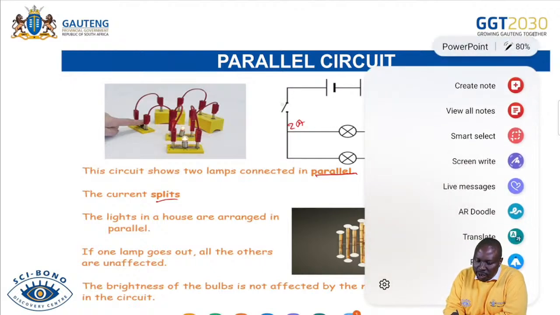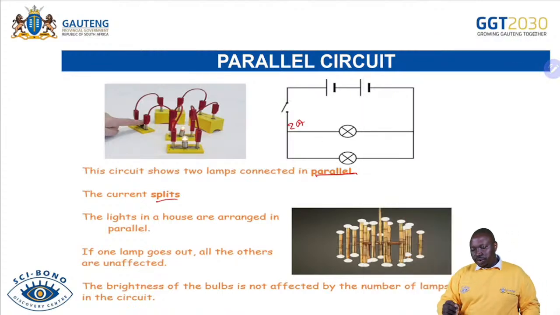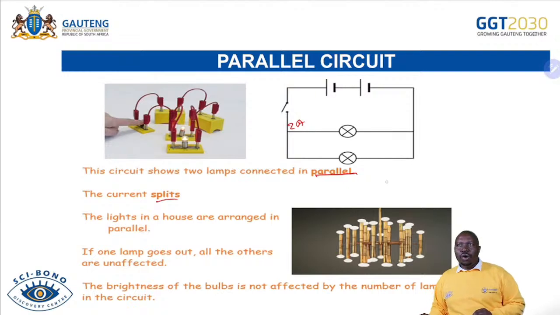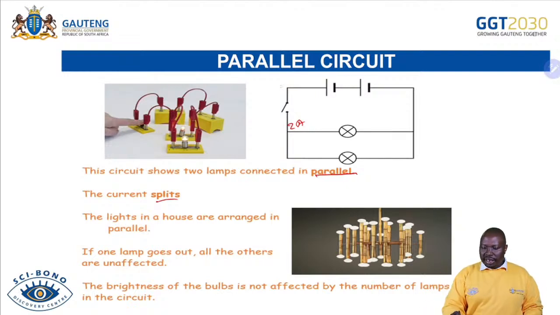So it's very important to always look at the switch. When the switch is open, you know that there are no charges flowing. We can't measure current because there is no flowing of charges. However, immediately when you close the switch, our current is flowing.